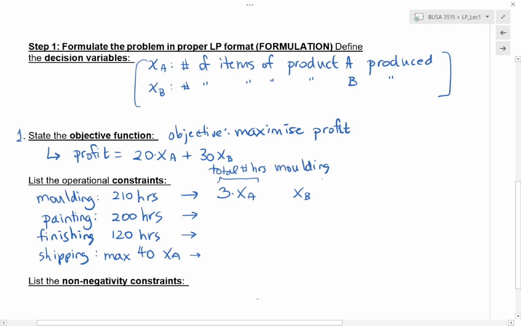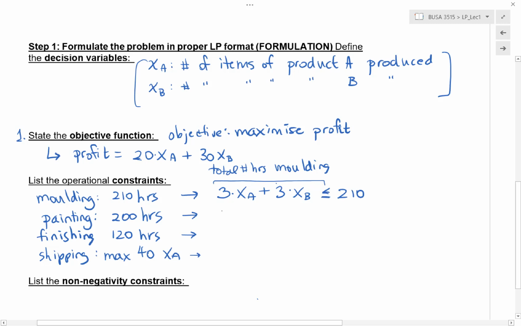Product B also requires 3 hours, so it's 3 times XB for molding. And we have a maximum of 210 hours. So 3 times XA gives us the total hours in molding for product A, 3 times XB the total hours in molding for product B. When we add those together, that sum can be at most 210 hours.